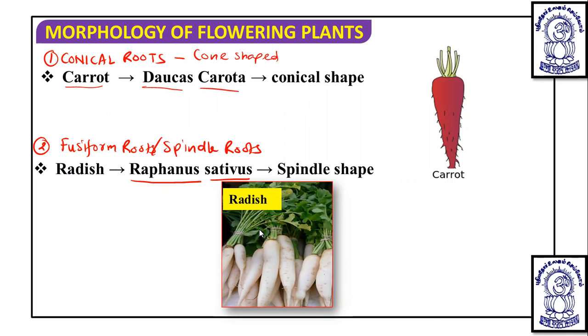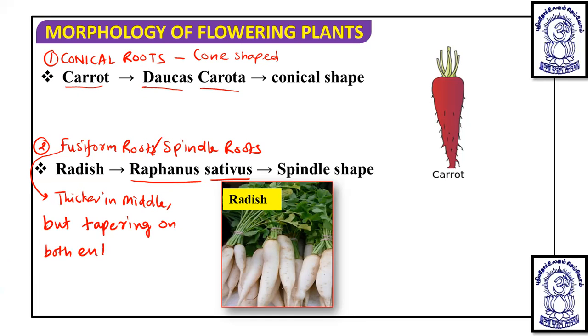This fusiform or spindle root is thicker in the middle but tapering on both ends. Okay, so such a thing is seen.